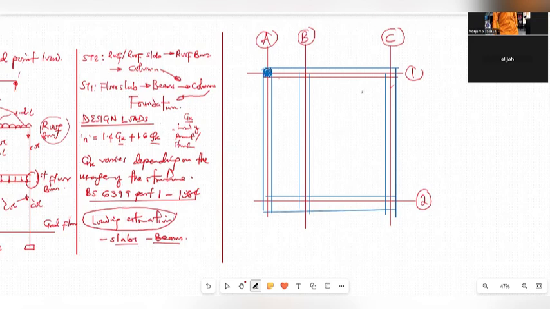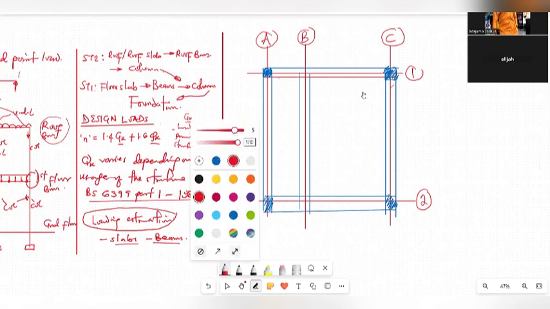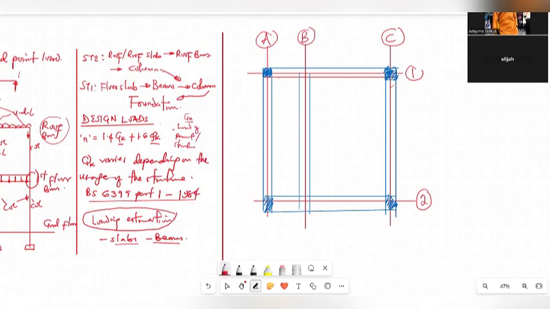Now, let me put some grid lines so that I can add dimensions. It is 2 meters. It is 4 meters.